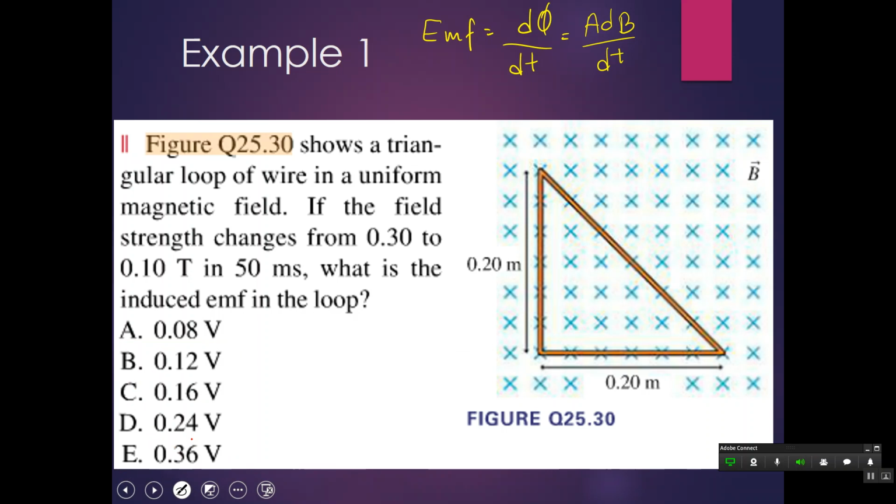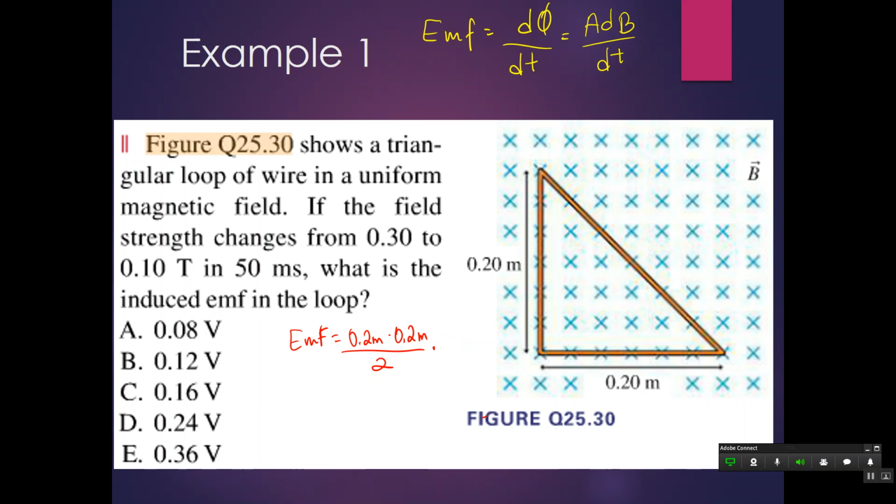So my EMF is going to be 0.2 meters times 0.2 meters over 2. That's the area of a triangle, base times height divided by 2, multiplied by the change of magnetic field. And the change of magnetic field is how many?